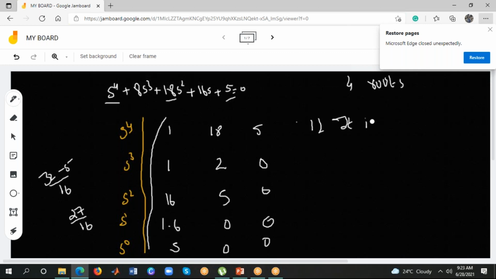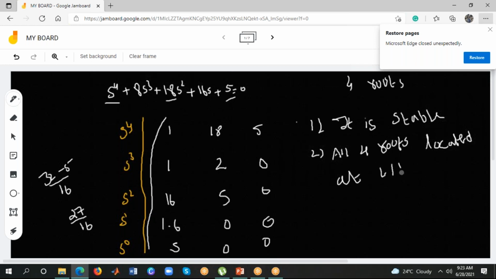And the second one is all 4 roots are located at the LH side of the s plane. So this is the answer you need to write at the end.